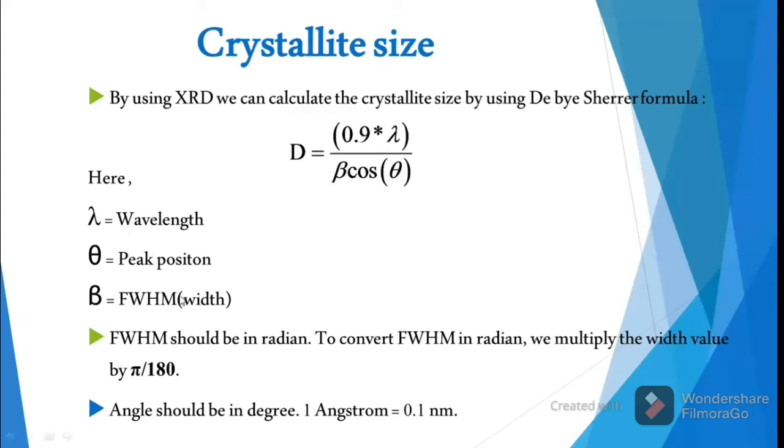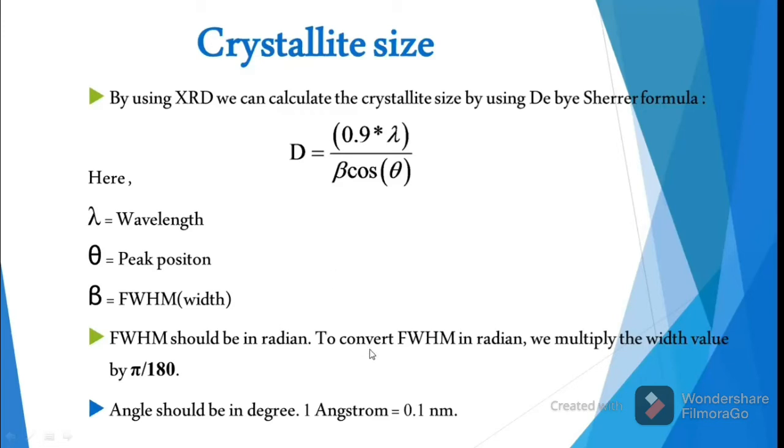Beta is the full width at half maximum, that is the width of the peak, and the full width at half maximum should be in radian. This is a very important point. If you do not convert this beta into radian, then we will not get the correct answer for the crystallite size. So we should convert this beta into radian first, then use this beta in this formula.